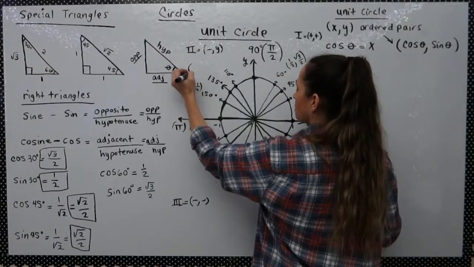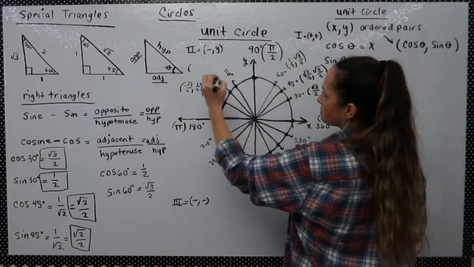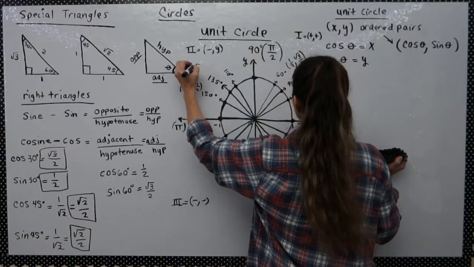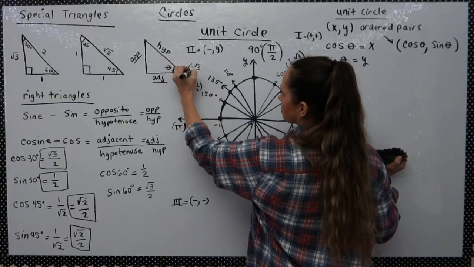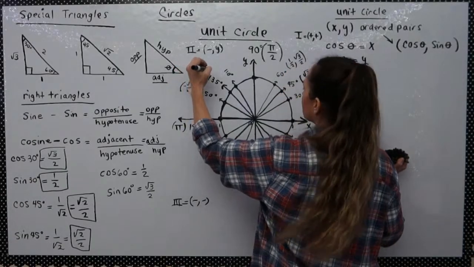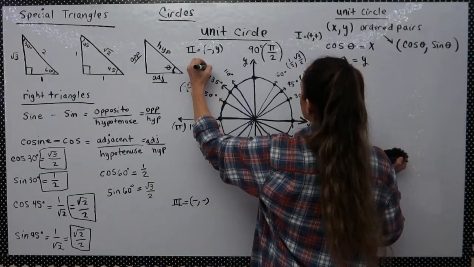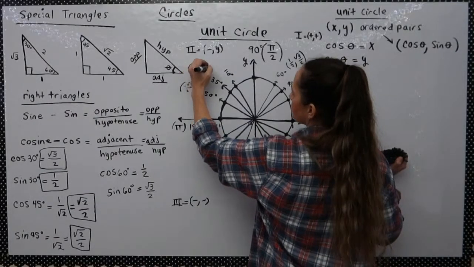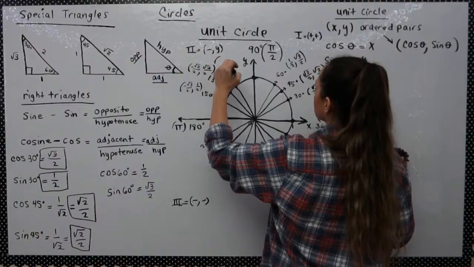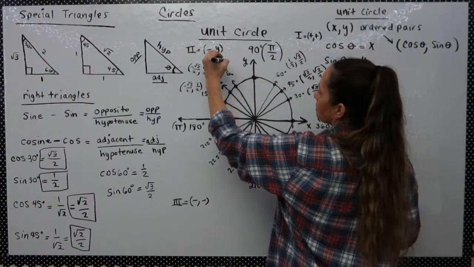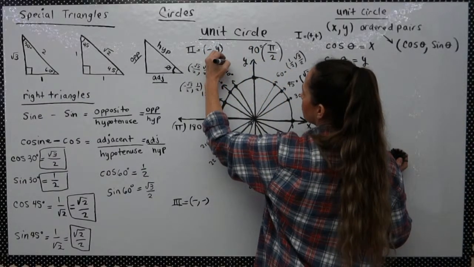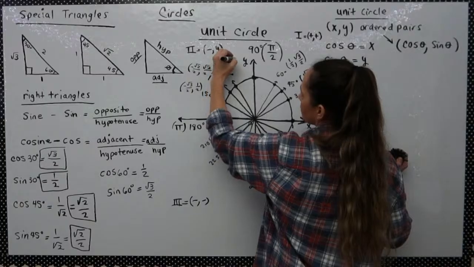And then this one for 45 degrees, it's identical. The only thing you're switching is the sign on your x value. Negative radical 2 over 2, radical 2 over 2. And then this one would be negative 1/2, radical 3 over 2.